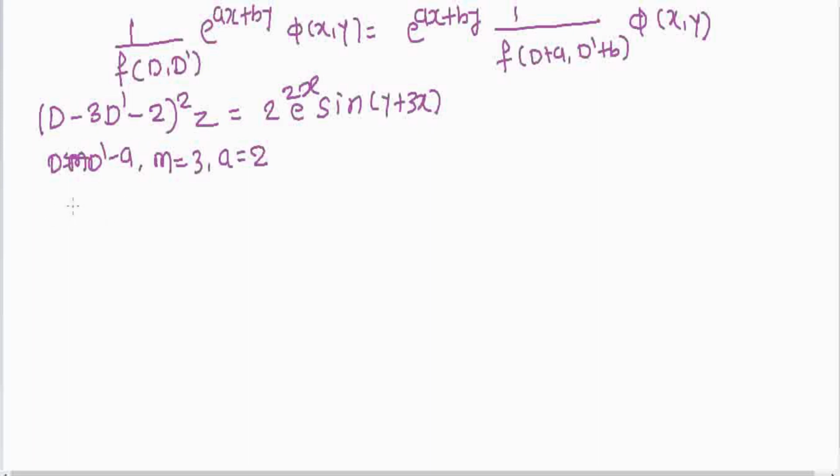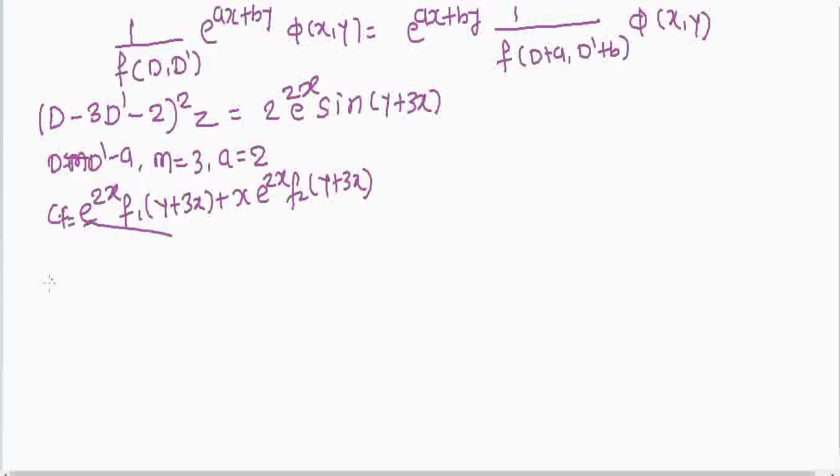Then the complementary function is e raised to 2x f1 of (y plus 3x) plus x into e raised to 2x f2 of (y plus 3x). This is my complementary function.